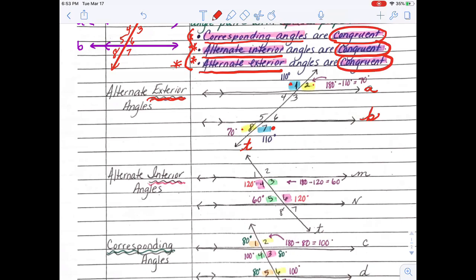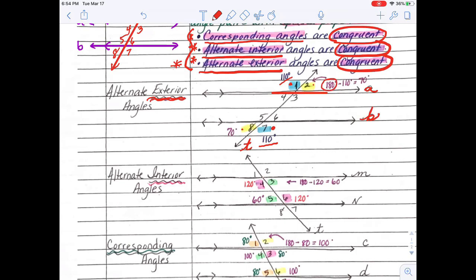So if I know angle 1 is 110 degrees, then angle 7 has to be 110 degrees. Now 2 and 8 are alternate exterior angles. If I put angle 1 and angle 2 together, it makes a straight line, doesn't it? So that's going to be 180 degrees. That's what I'm writing here.